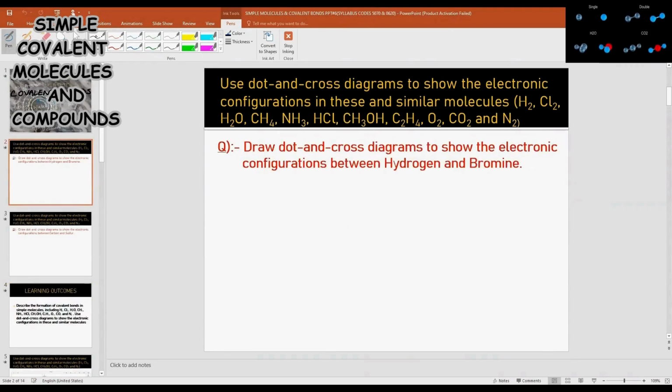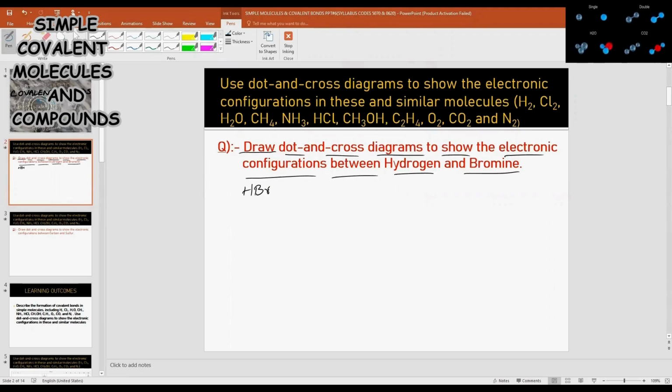Now let's draw the dot and cross diagram to show the electronic configurations between hydrogen and bromine. Recall the valencies of hydrogen and bromine. You know the formula between these two will be HBr, which means there is 1 atom of hydrogen and 1 atom of bromine.